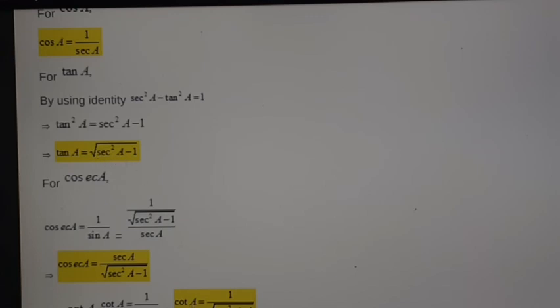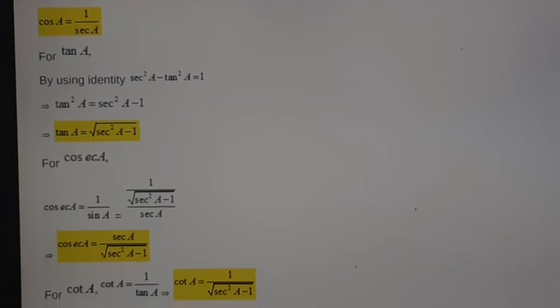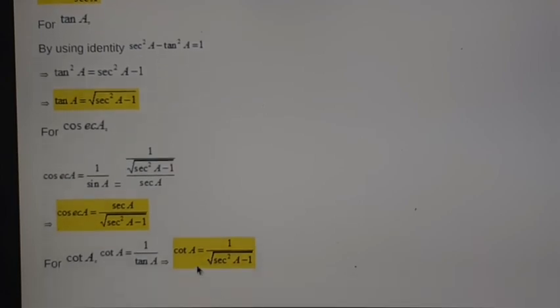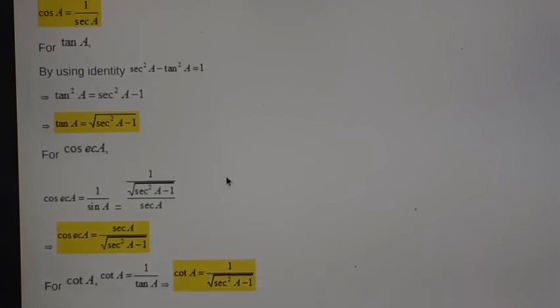So we can easily get all these three ratios. Hope you have understood this, that is how to convert to other terms. If any one ratio is asked, then you have to write that one. If all ratios are asked, then you have to find all of them.